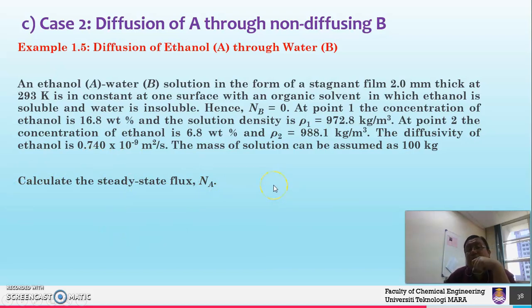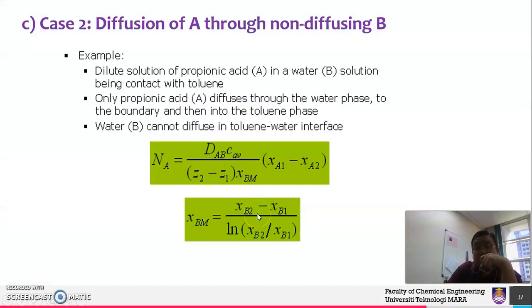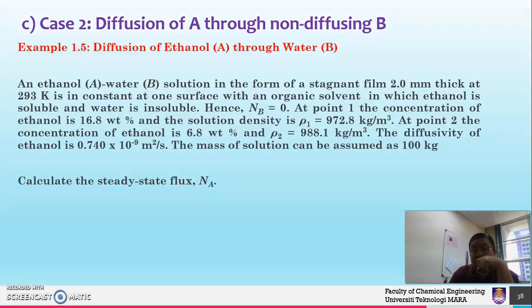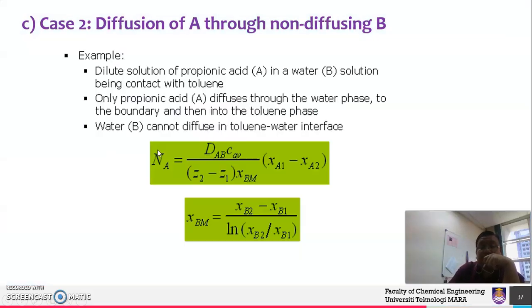Basically we have to use this governing equation. The only problem is how to get C_av and x_BM, because we have been given D_AB, this value. x_BM we will get when we get x_A.